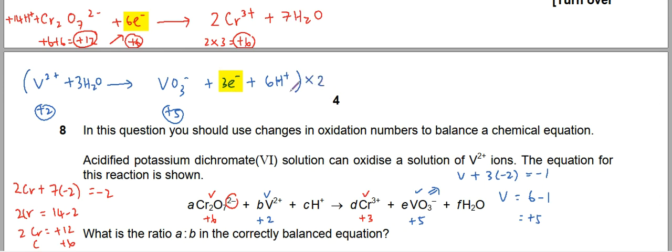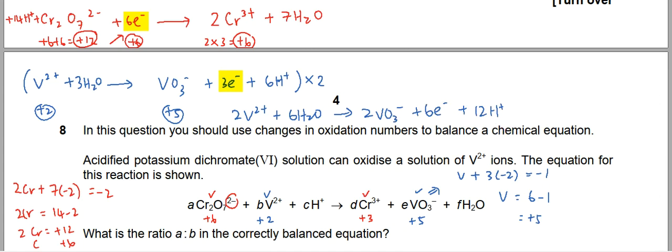When we do that, the result is 2V2+ plus 6H2O becomes 2VO3 negative plus 6 electrons plus 12 protons. So now we are ready to combine the equations.